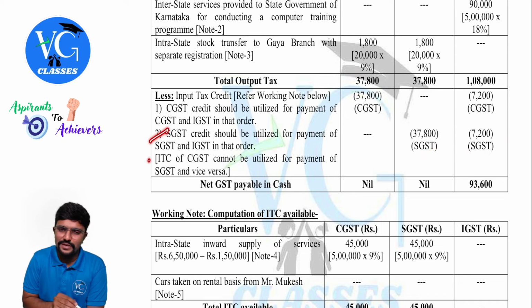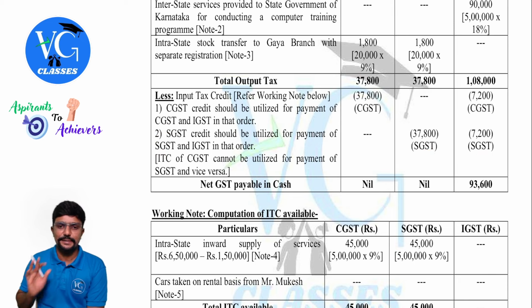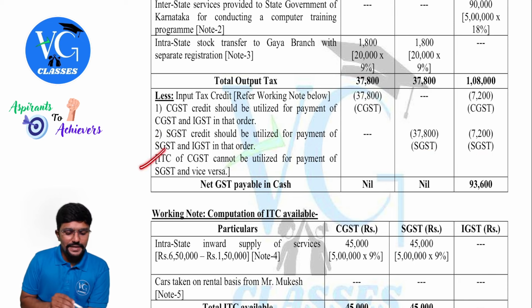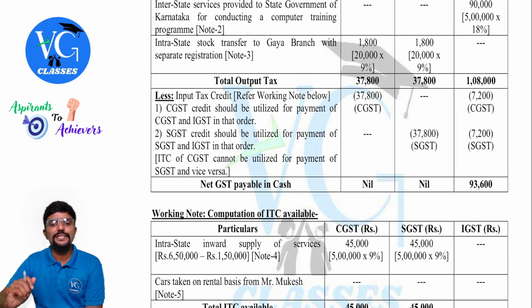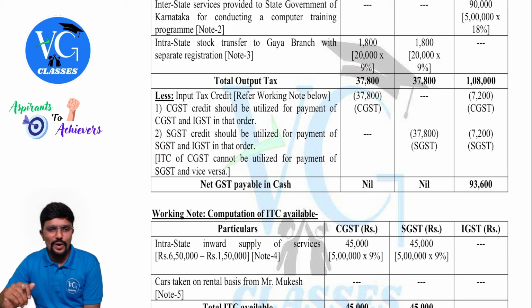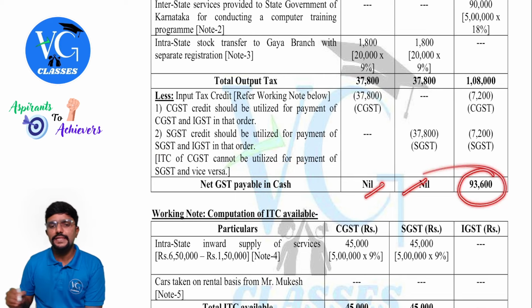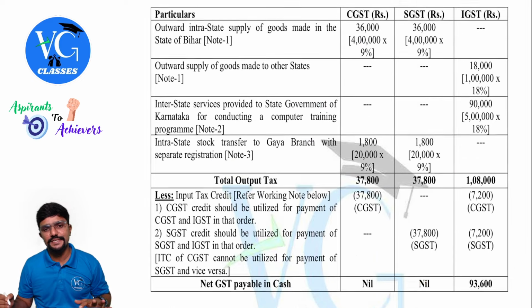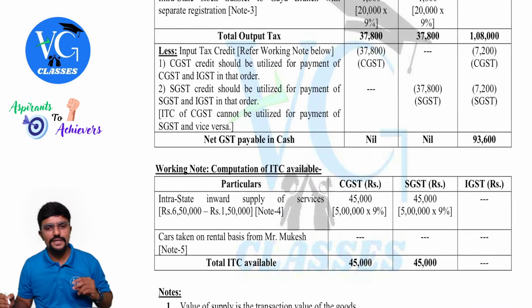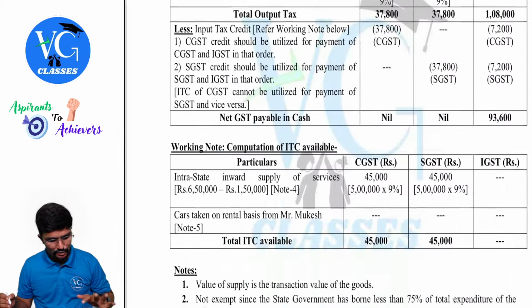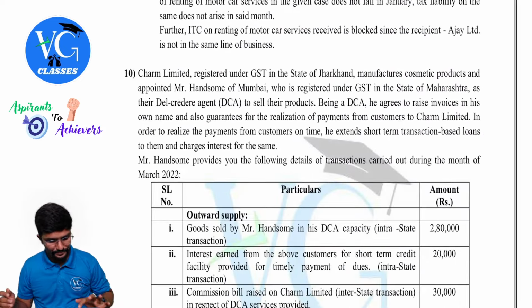Need not, because you would have given it here. But even if you mention it, okay. This SGST, CGST and all stands for credit. ITC of CGST cannot be utilized for the payment of SGST and vice versa, guys. So net GST payable in cash is nil, nil and 93,600 IGST. 93,600 IGST, guys. Yeah, this is all about this question.